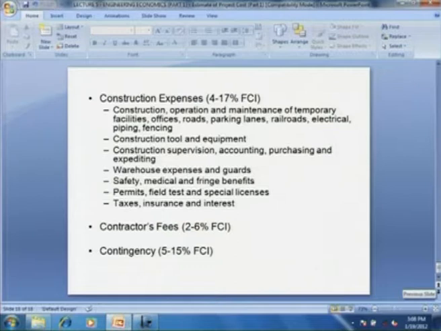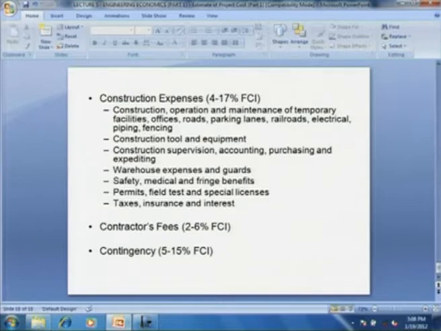This includes construction, operation, maintenance and temporary facilities, offices and roads, parking lanes, railroads, electrical piping, fencing, then construction tools and equipment, then construction supervision, accounting, purchasing and expediting, warehouse expenses and guards, safety, medical and fringe benefit, permits, field test and special licenses, taxes and insurance and interest.